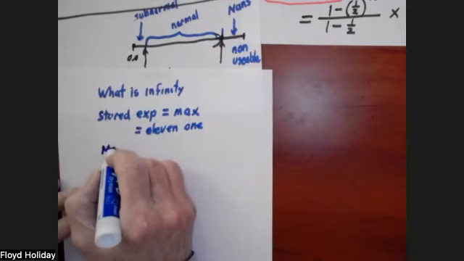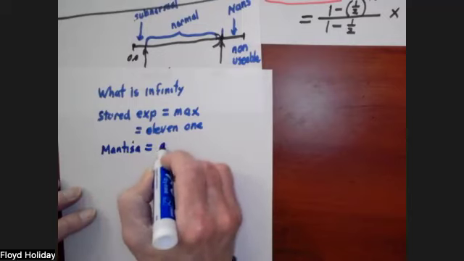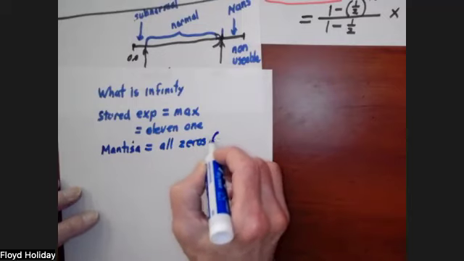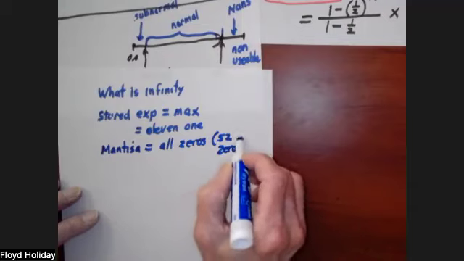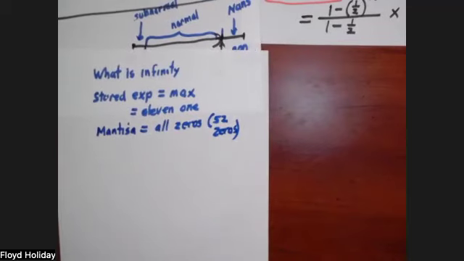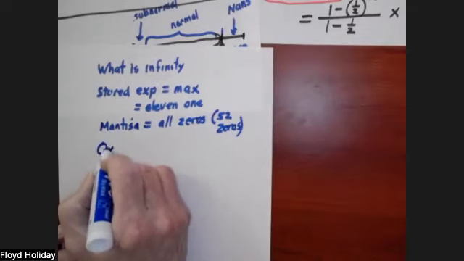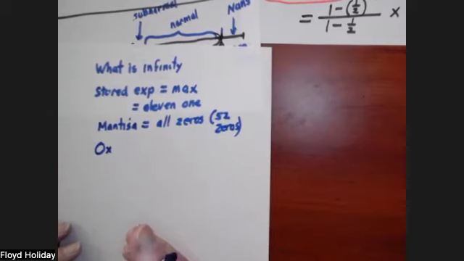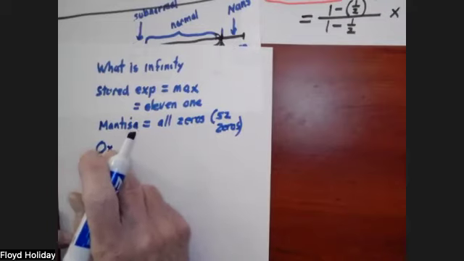Okay. 52 zeros. So we can write this number in hex, IEEE style, 11 ones, but I can't write FFF.